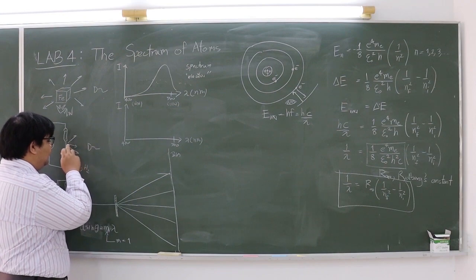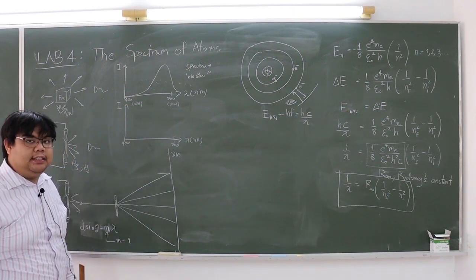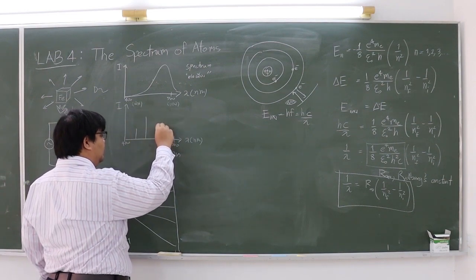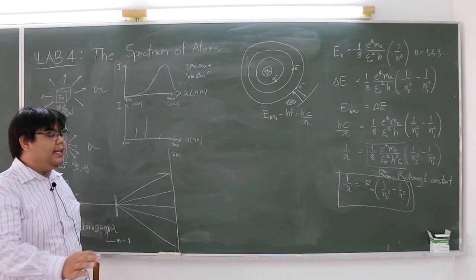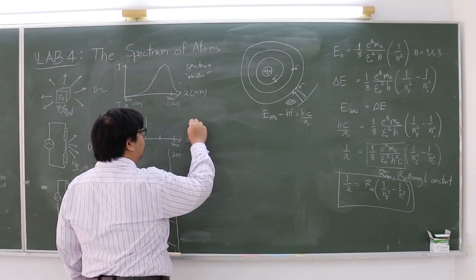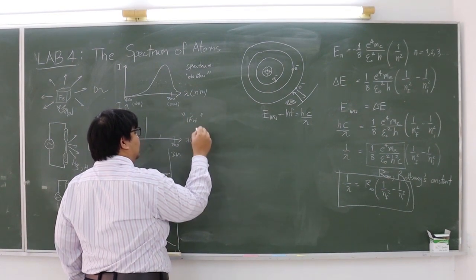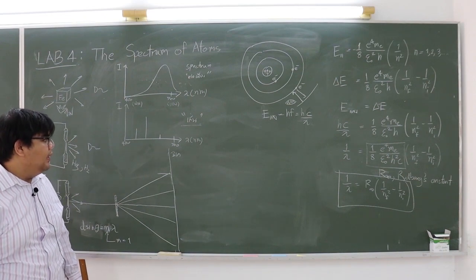I collect the light from this tube and plot the graph of the same kind. You will find that the graph you got is just a discrete line like this. This kind of spectrum is called line spectrum, and you will study this kind of spectrum in this lab.